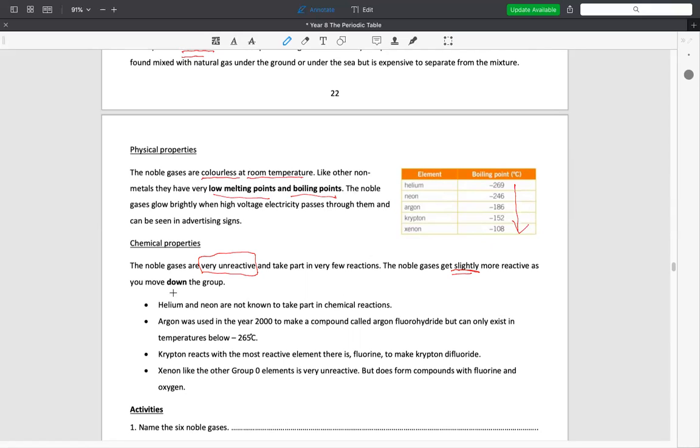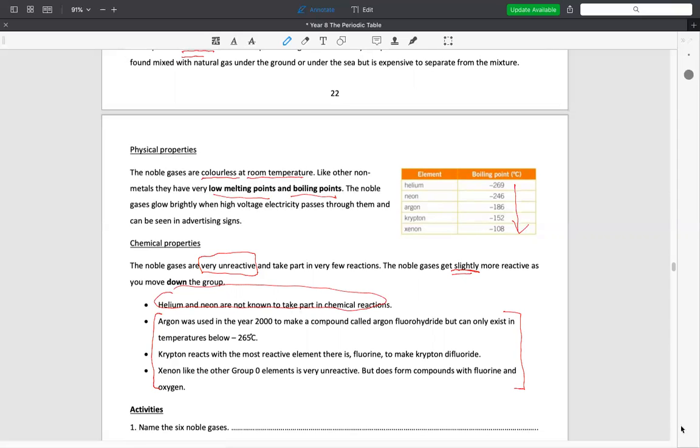But helium and neon are the most unreactive because they're near the top, so they don't take part in many reactions at all. And argon, krypton and xenon take part in only a few, which are listed below. You don't need to know the details of these reactions as such, but it would be useful to go through those bullet points and see some of the reactions that can happen.